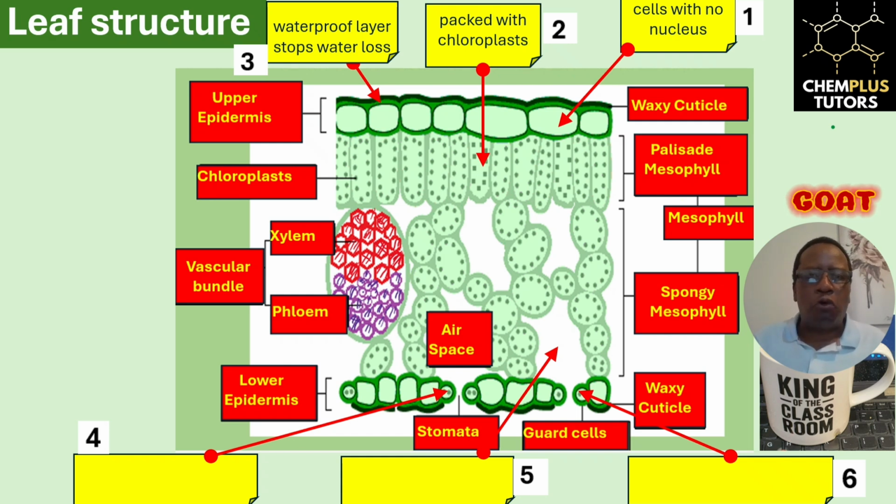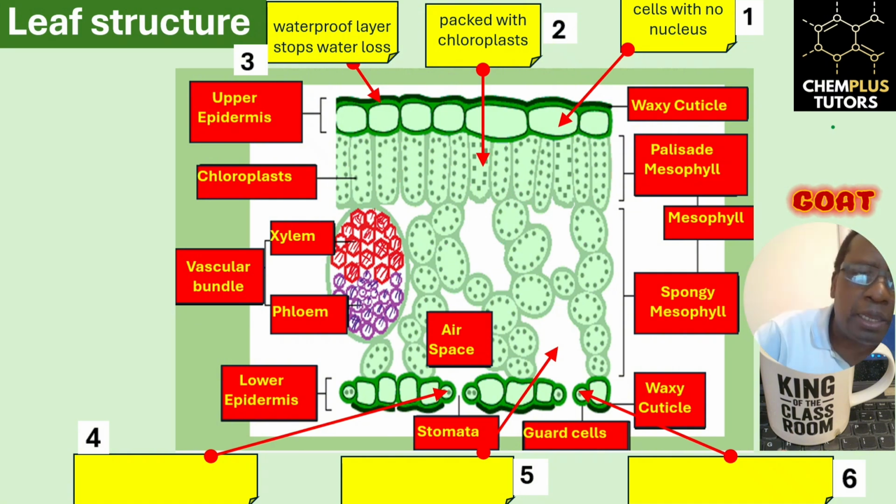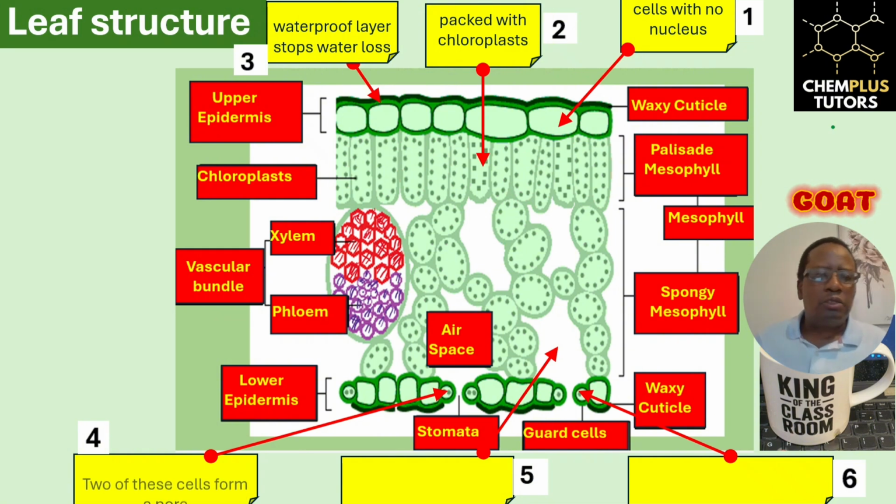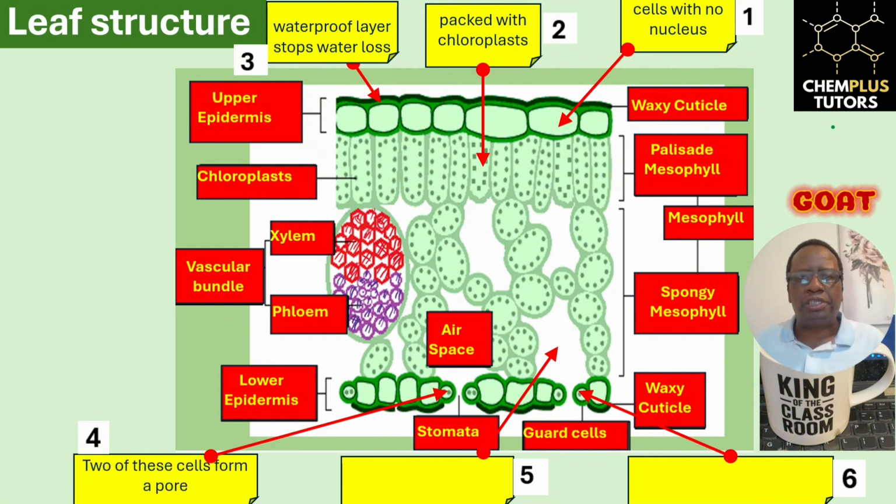Number 4, two of these create an opening, a pore, called the stomata. So two guard cells on either side will create a pore, which is the stomata.